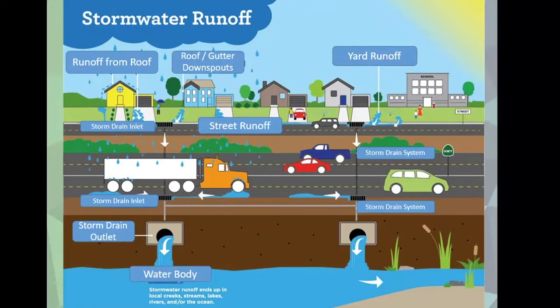So there's less fields and forests, and this means that there's less chance for the water to filter back in and recharge groundwater resources, and there's more water that flows over surfaces as stormwater. So that means that in an urban environment, a city like Corpus Christi, there's more stormwater than in a natural environment. And this stormwater flows into our water bodies like our bays and estuaries, and it's not treated.